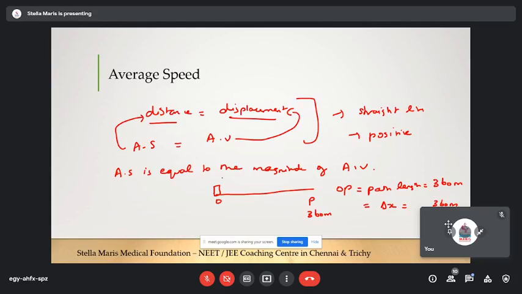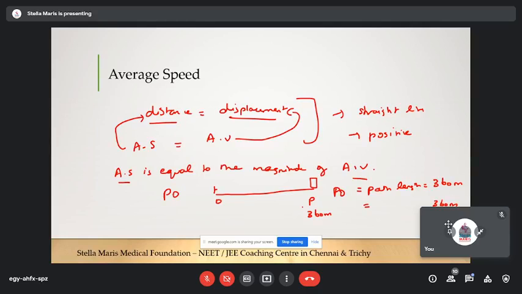I'll give you another example. For this operation, average speed is equal to the magnitude of average velocity. We can say that, right? Suppose the car travels from P to O, the final point.